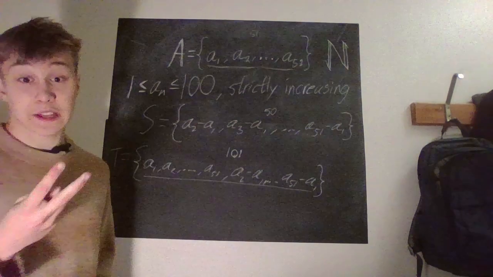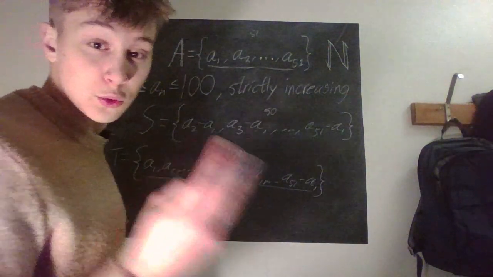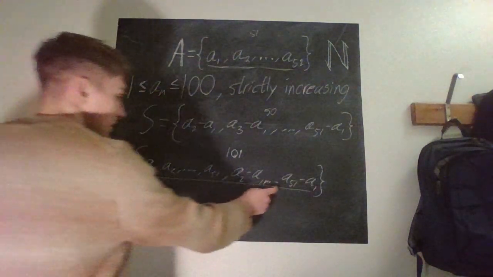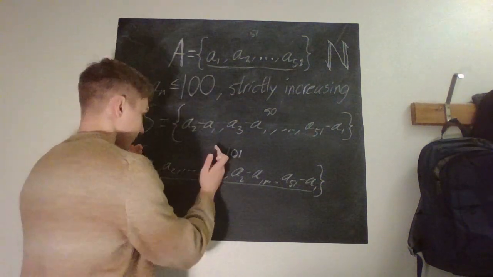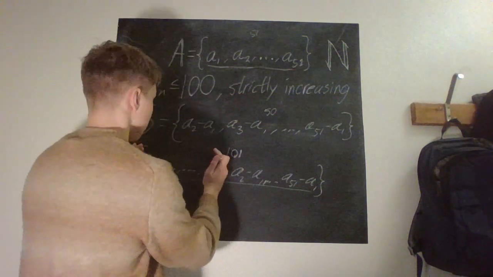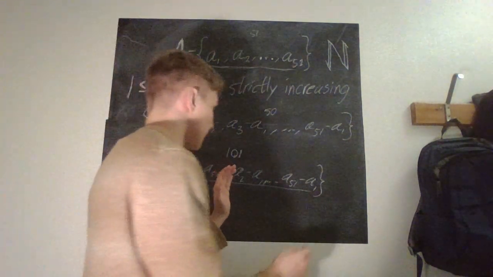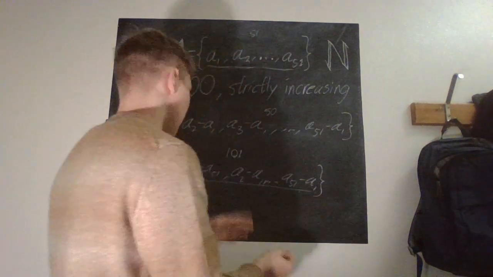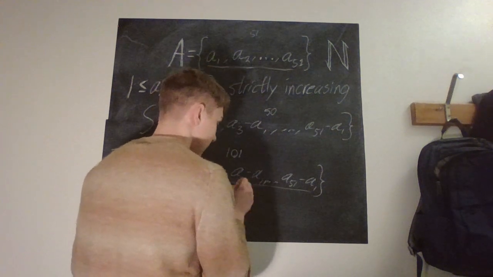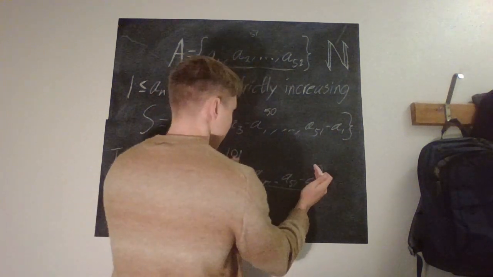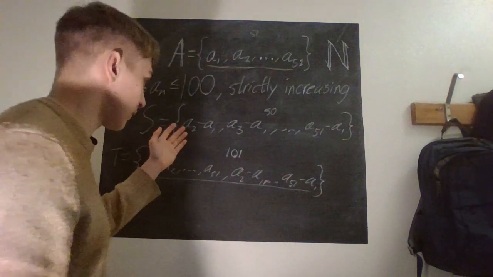So at least 2 pigeons are going to have to share a pigeonhole, meaning that there are 2 duplicates here. 2 of these elements are the same, and since we know that 2 elements in the first half can't be the same, because that's what we stated before, and the same holds for the first 51 and the last 50, no element within this part can be the same, as we stated before.